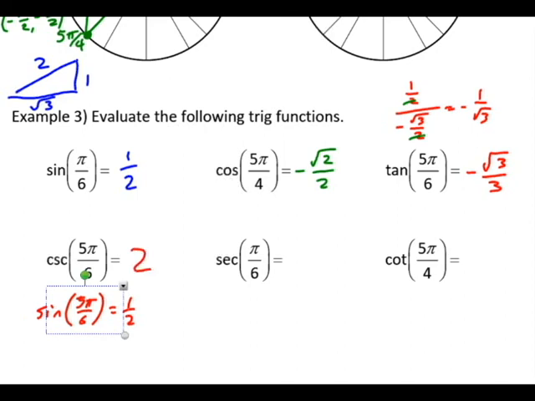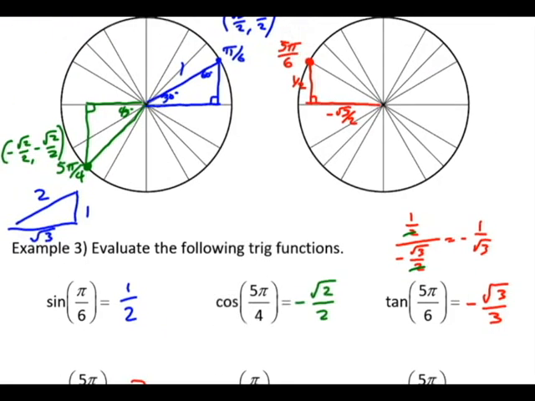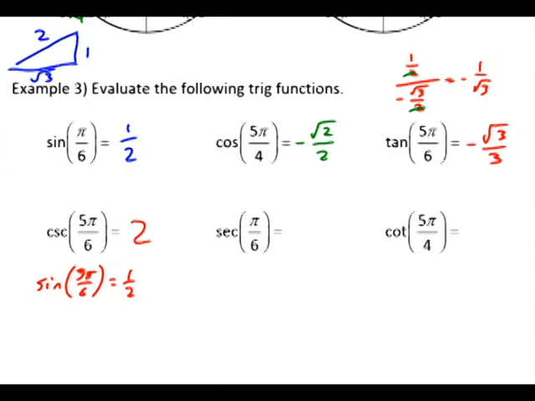Take a moment and try the next two, and then I'll give you the answers. Here are my solutions. Notice that we already marked pi over 6 here in blue. So we're going to find cosine of pi over 6, which is just the x-coordinate.